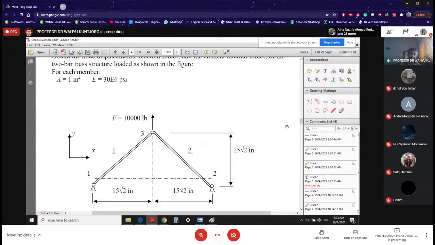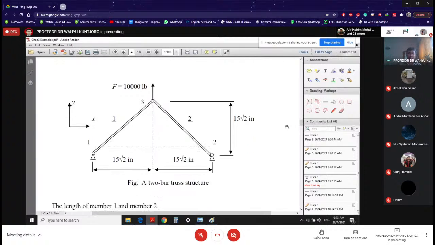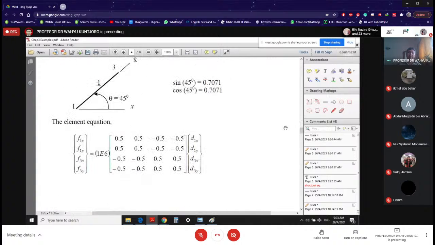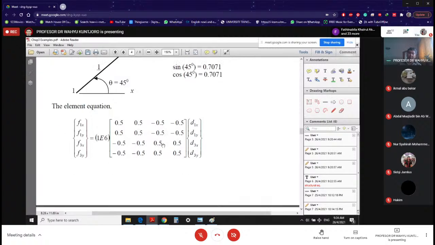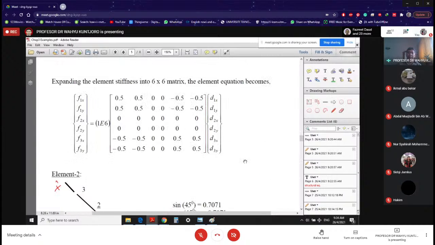What's the consequence? You need to expand your element equation first. This is element equation number 1, 1133, all right? So you need to expand into 6 by 6. And that is the expansion. So this is element equation number 1, but in 6 by 6.